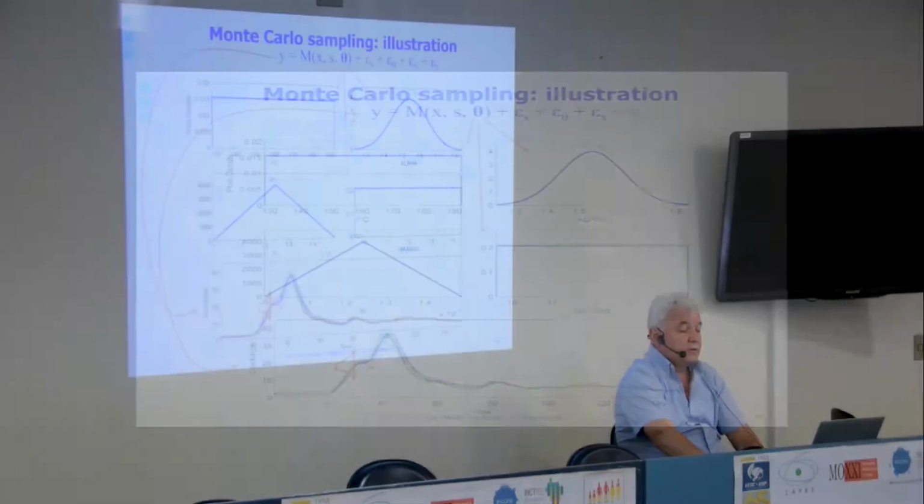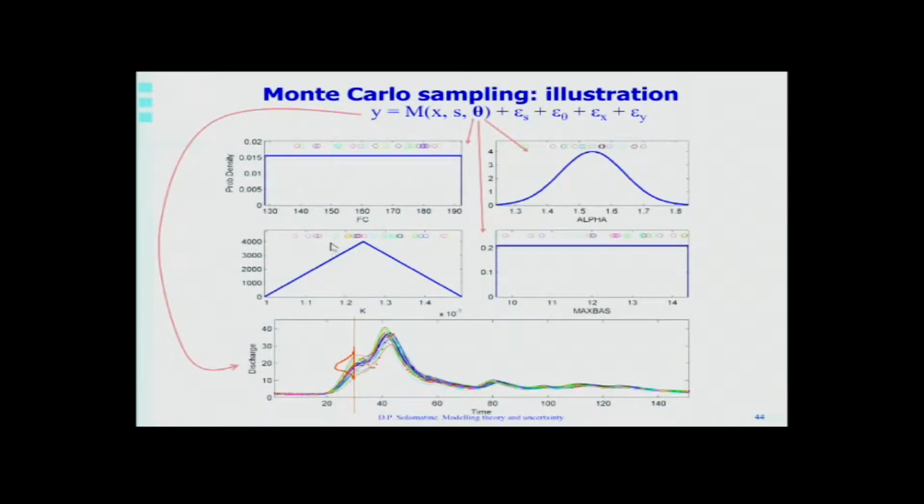So what is happening here is this. There are 4 parameters shown, 4 distributions. This parameter is uniformly distributed between 130 and 190. This parameter is normally distributed with the mean of 1.55 and this sigma.